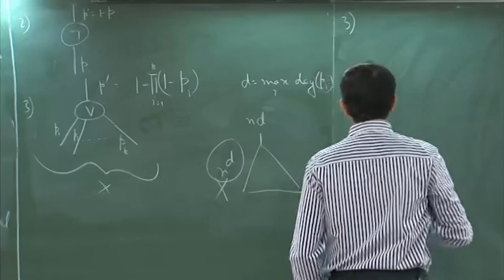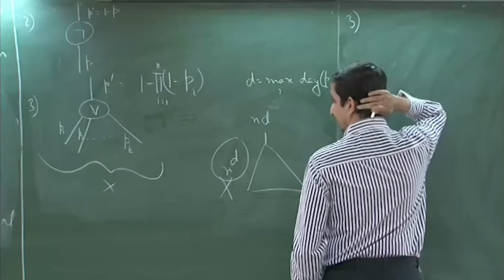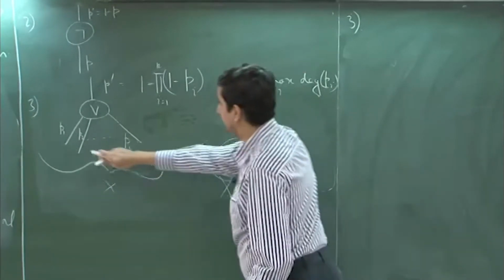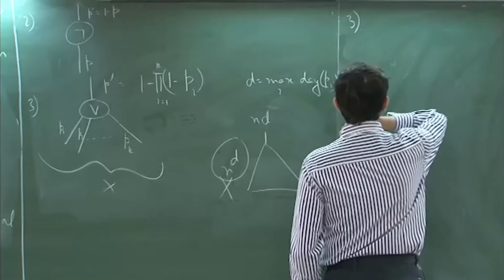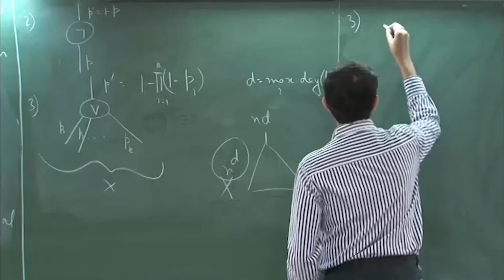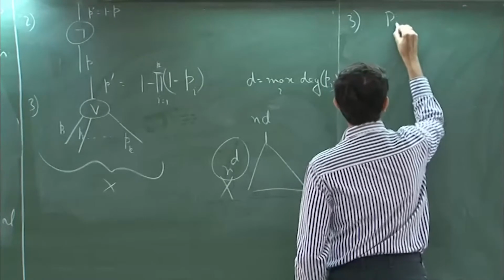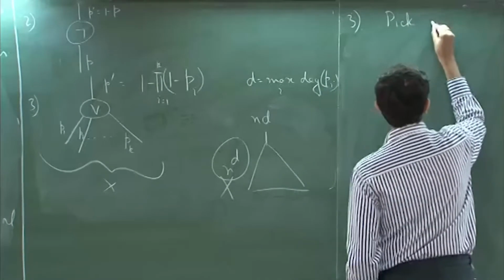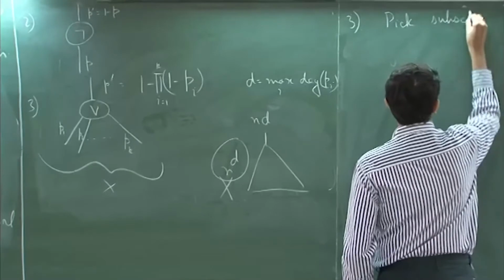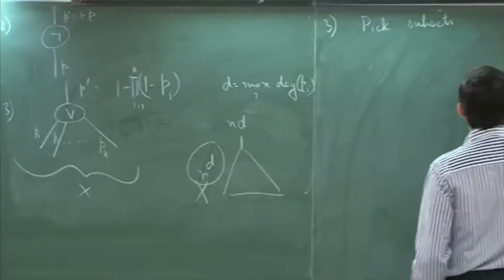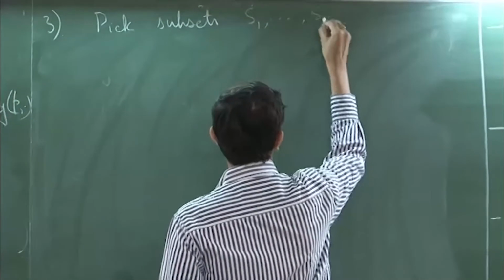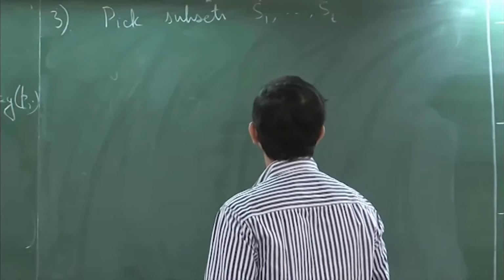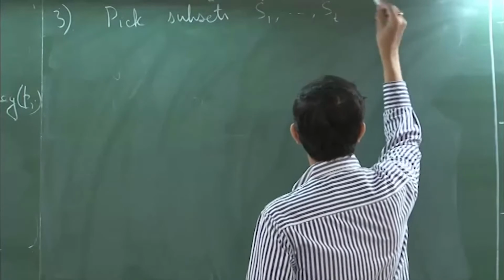So, what we do in the case of OR gates is that, suppose we have an OR gate which has inputs P1 through Pk, so we will pick subsets S1 up to St. Okay.